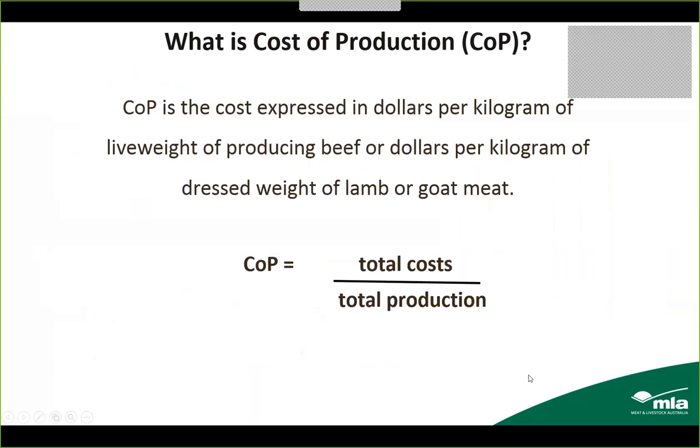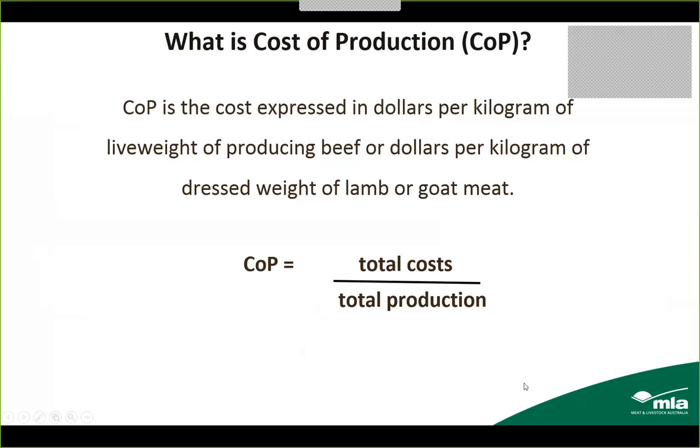Okay, so what is cost of production and how do we use it? Cost of production is expressed in dollars per kilogram of live weight when you're looking at beef, or dollars per kilogram of dress weight when you're looking at lamb or goat meat.